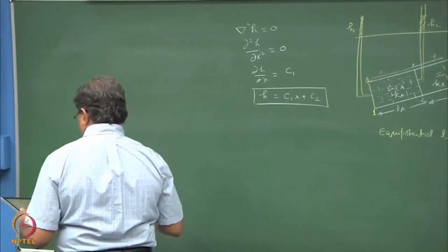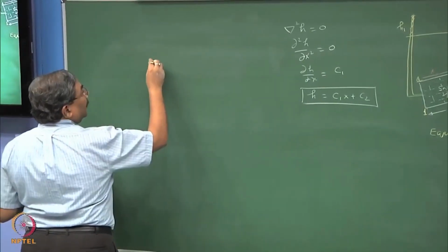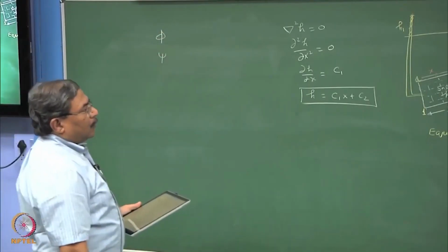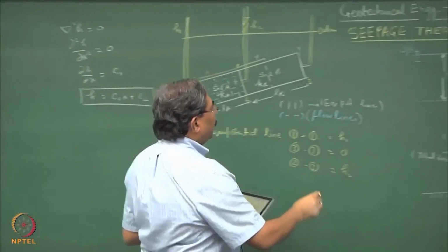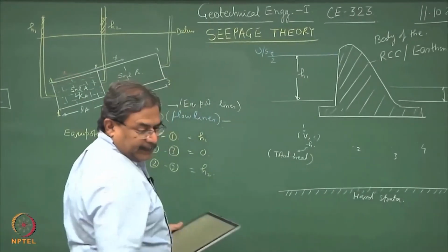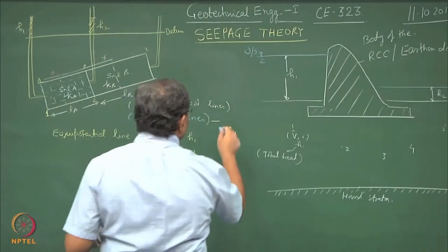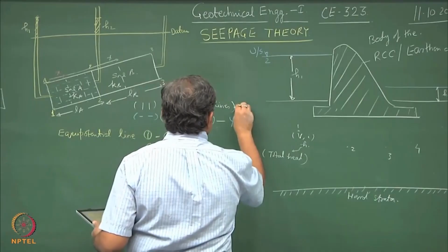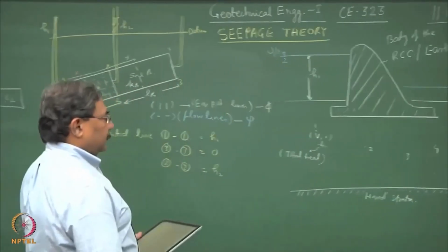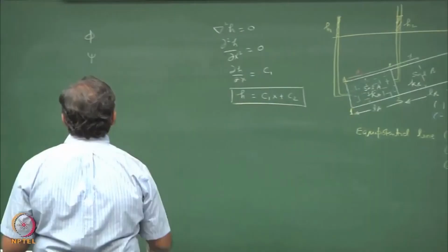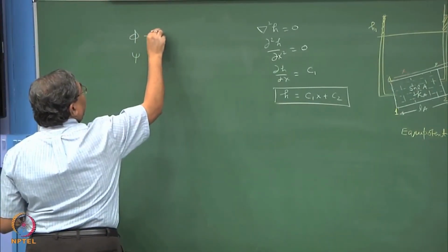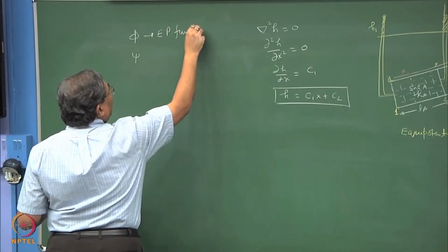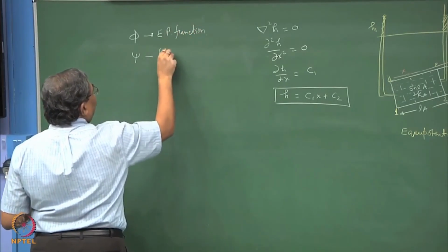If I use the two terms as phi and psi, the flow lines will be designated with psi, and the equipotential lines will be designated with phi. All right. So, this is the equipotential function and this is the flow function.